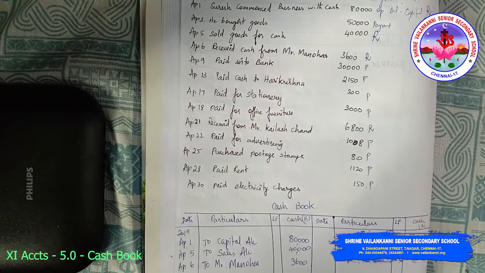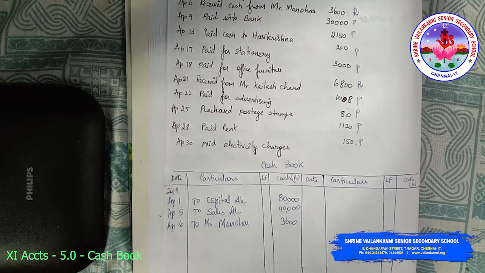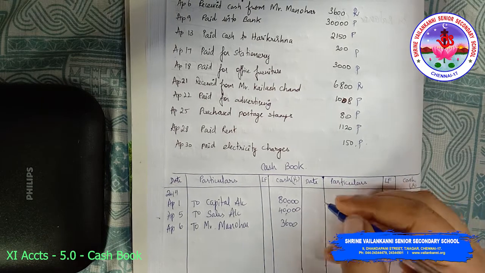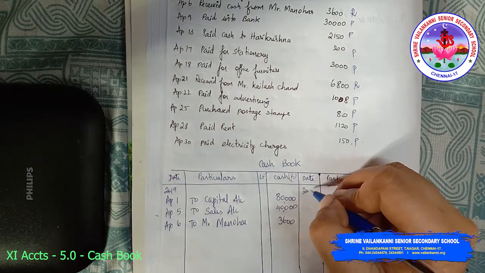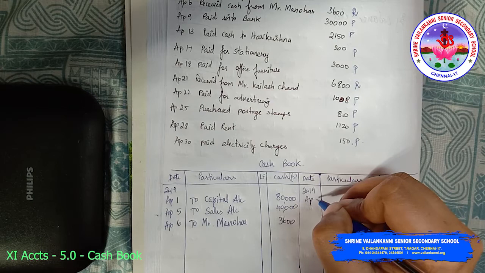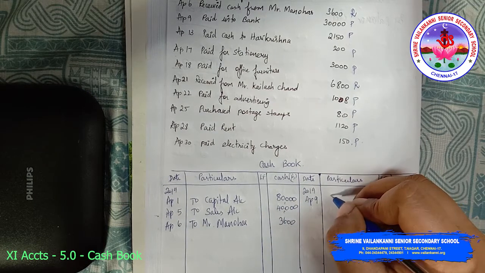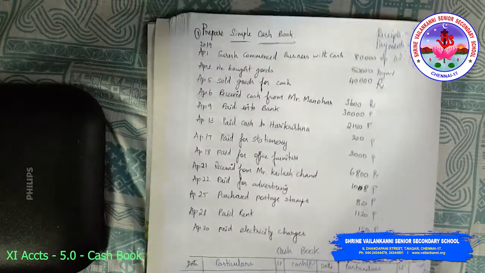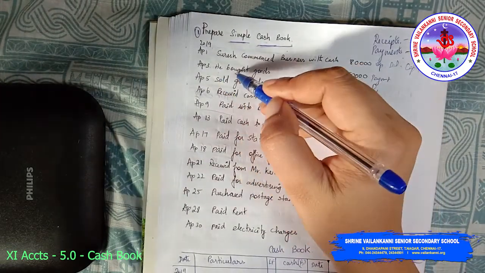Now paid into bank, it's like a payment, right? So April 2019, April 9. I think I have missed one transaction here.